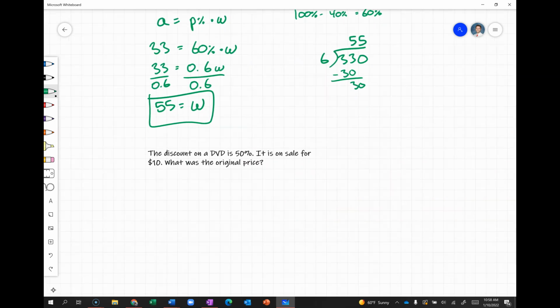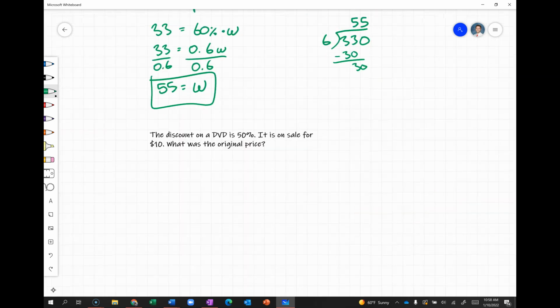Okay, looking at another one. The discount on a DVD is 50%, and it is on sale for $10. What was the original price? If it's 50% off, that means we're paying 50% of the original price. So $10 is going to be equal to 50% of the whole, the original price.